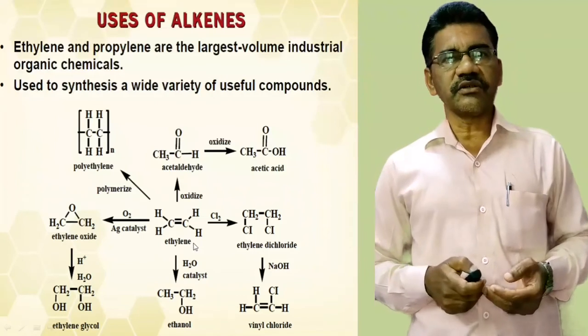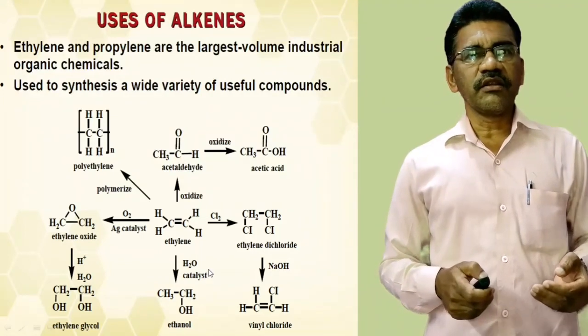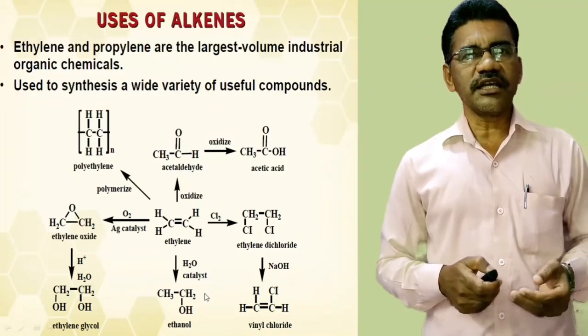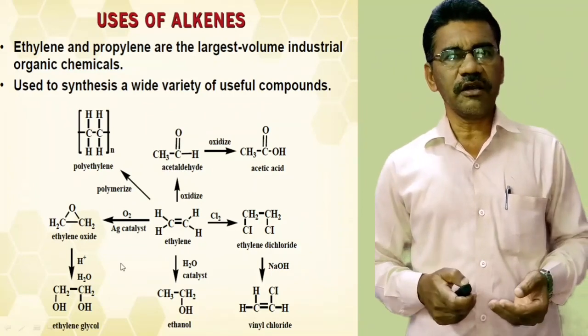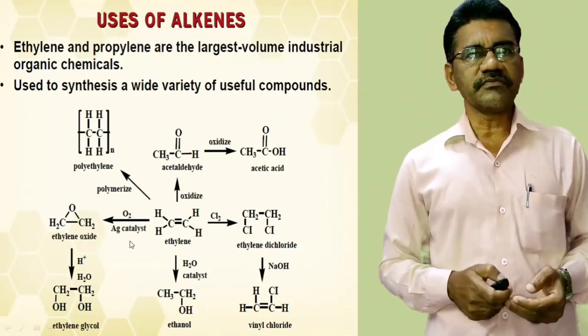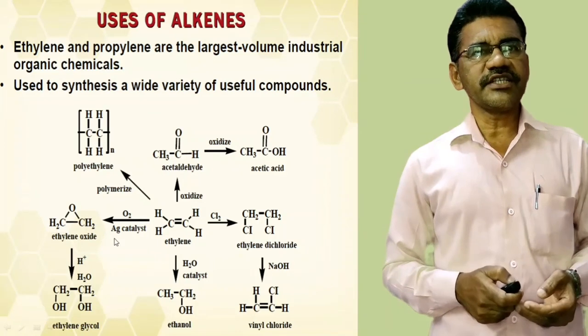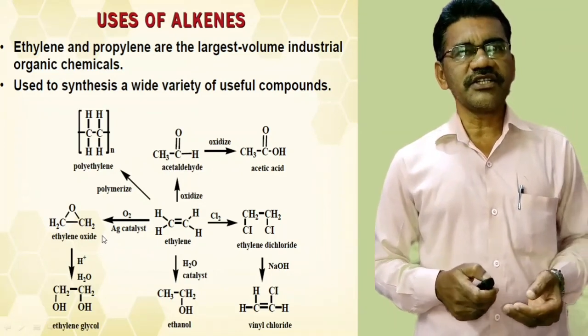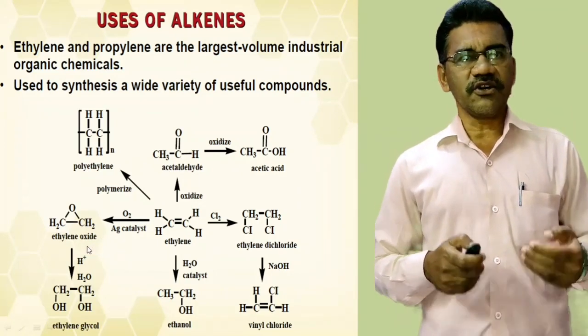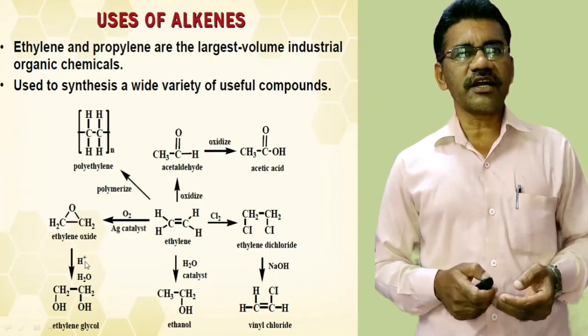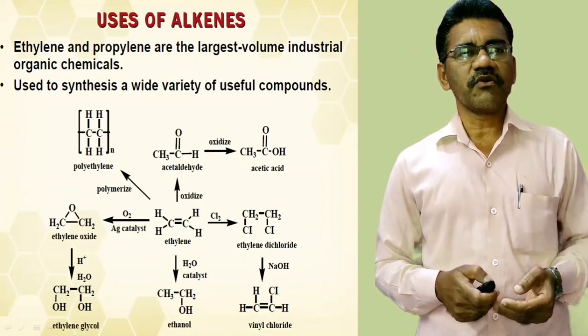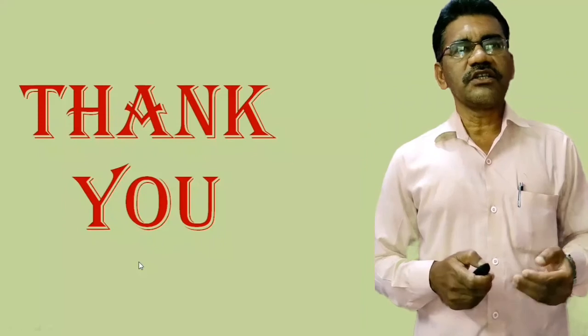Third application, ethylene reacts with H2O with a catalyst to produce ethanol. Next application, when ethylene is oxidized in presence of Ag catalyst, it produces ethylene oxide, and ethylene oxide reacts with H plus to produce glycol, that is, ethylene glycol.